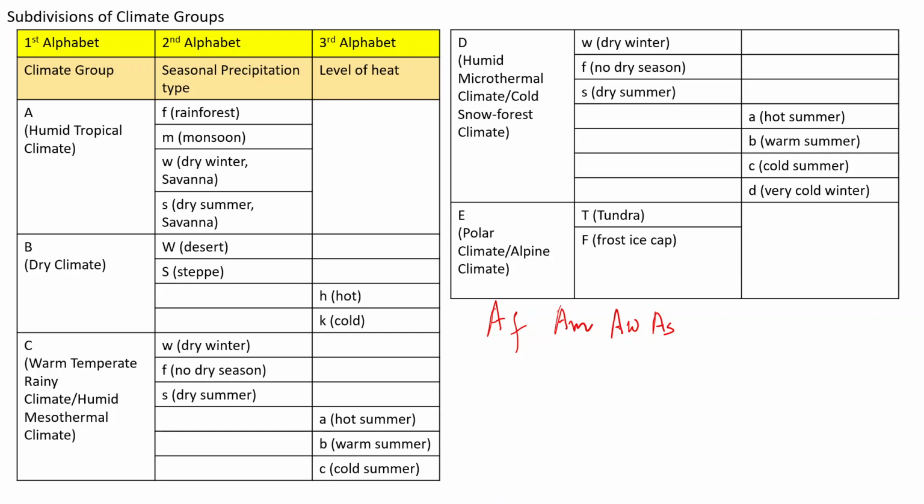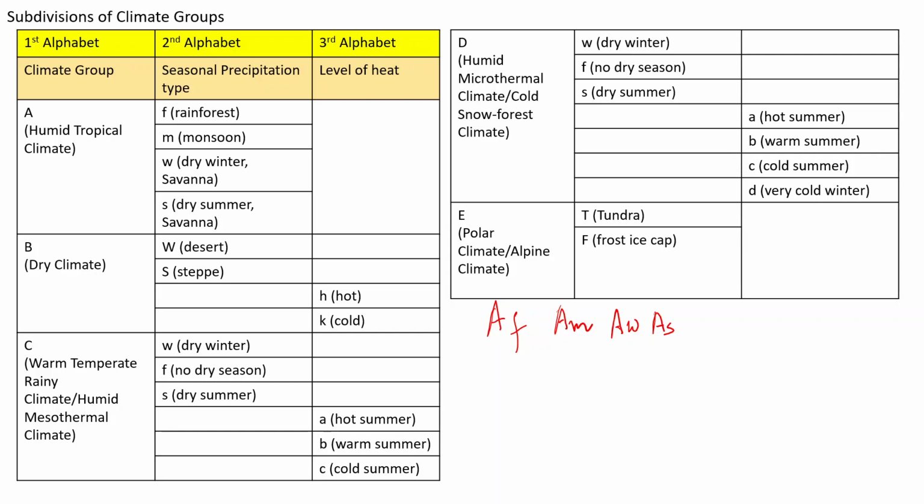So we can have two types of schemes for the seasonal precipitation type. If it is a completely arid situation, it will be capital W for desert. And if it is capital S, it is steppe.